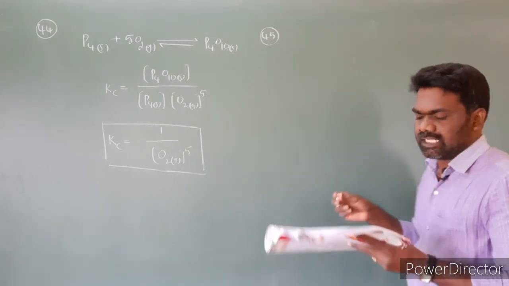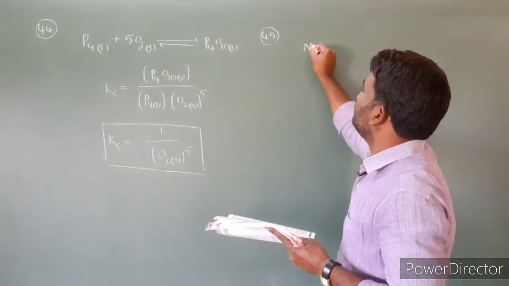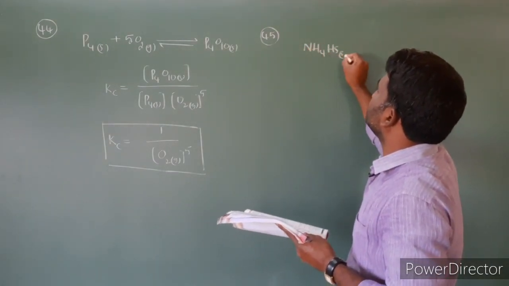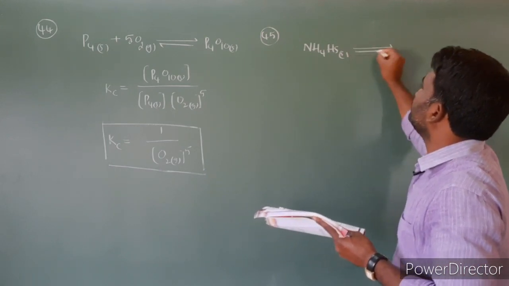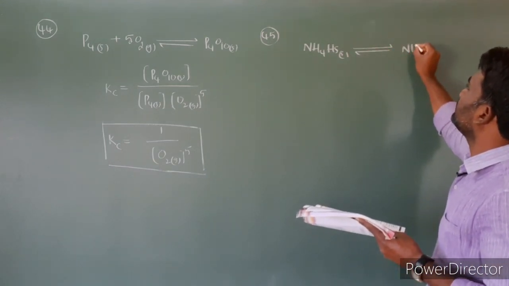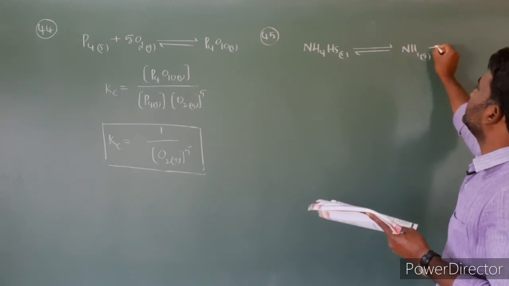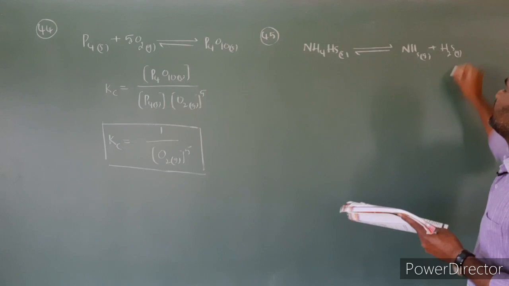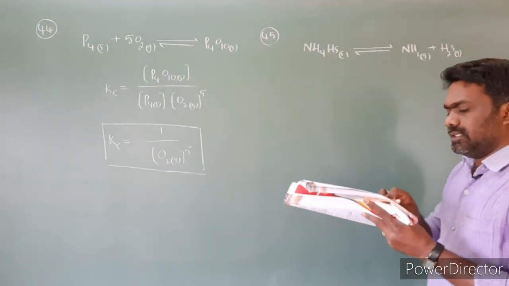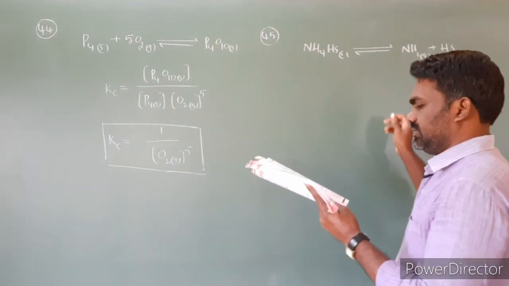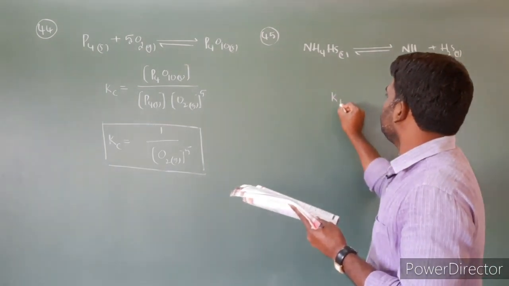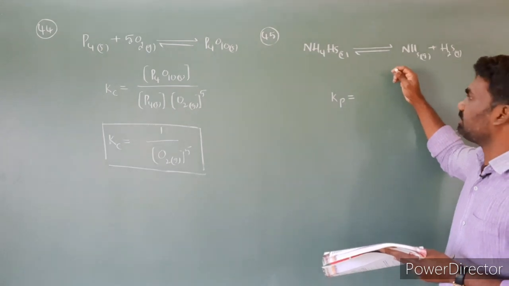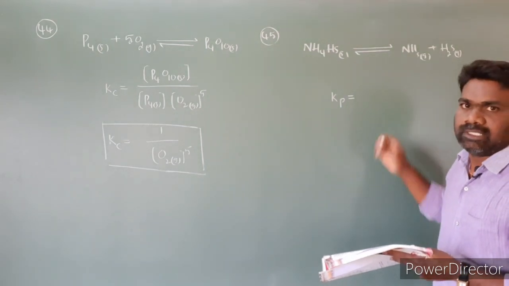So first let's write the equation. NH4HS, it is a solid, gives rise to NH3, a gas, plus H2S, a gas. So we have to write the equilibrium constant Kp for this reaction. Then Kp is equal to the product of partial pressures of products by the product of partial pressures of reactants.